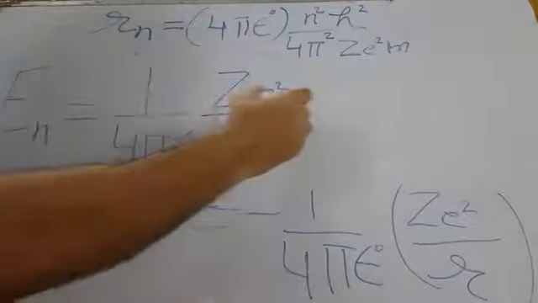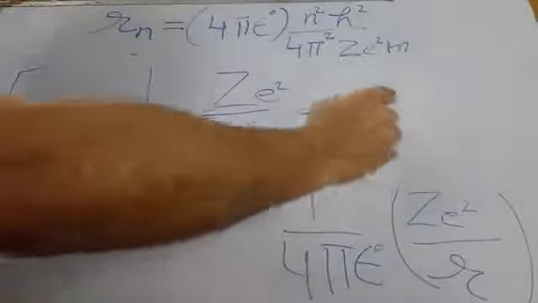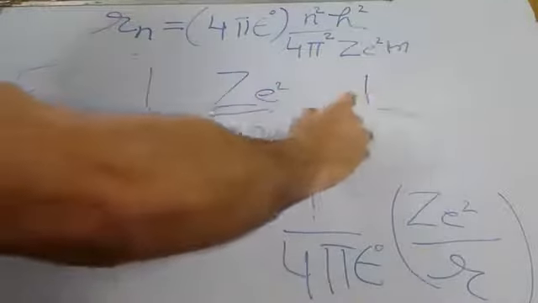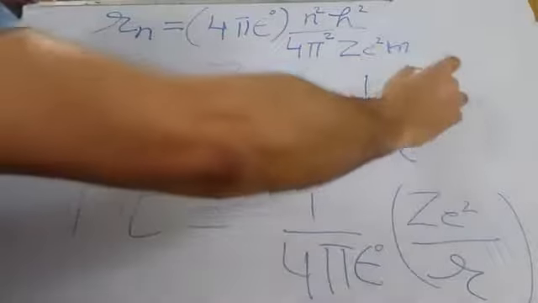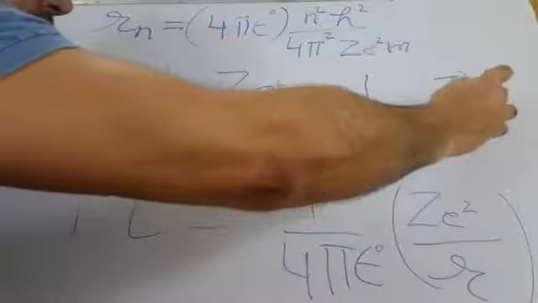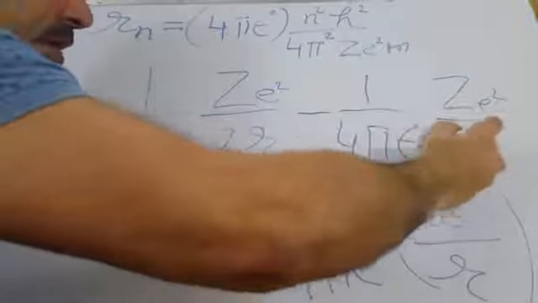Here the sign is negative, we are adding up, therefore this sign will remain as such. This comes out to be 1 upon 4 pi epsilon 0 Ze square upon r.